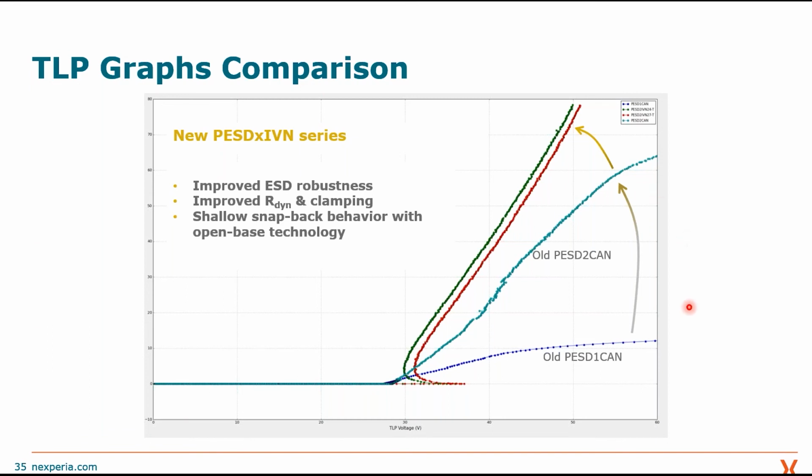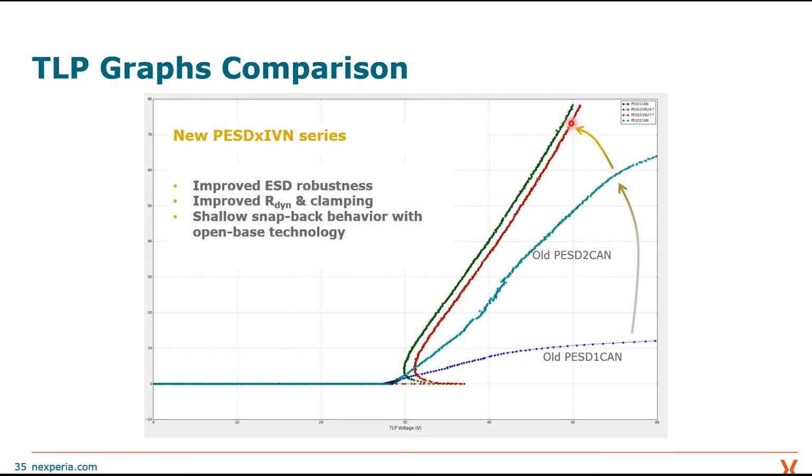What we see here is the old PESD1CAN, the old part, which has a comparably high dynamic resistance, so it's not protecting your device as well as the PESD2CAN, which was developed after the old one, and which shows an even smaller dynamic resistance, which means better ESD protection.